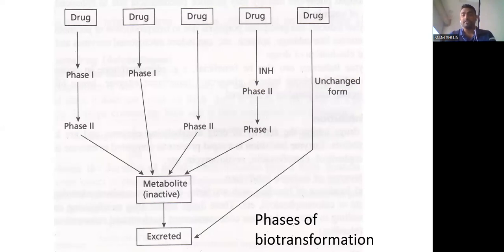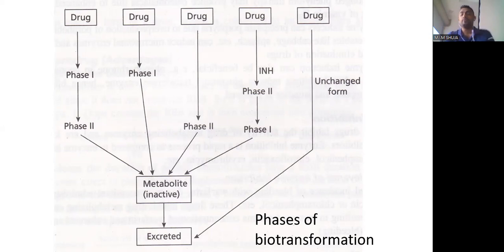Some other drugs don't have phase 1 reaction, they go straight to phase 2 reaction and get excreted. Some other drugs first undergo phase 2 reaction, then phase 1 reaction, then are excreted. And a few drugs are excreted in the unchanged form. You should know examples for each of these.